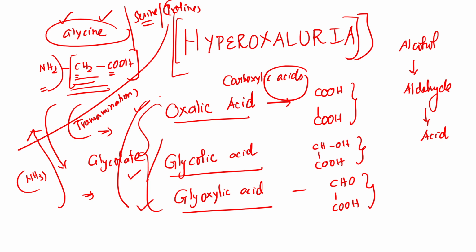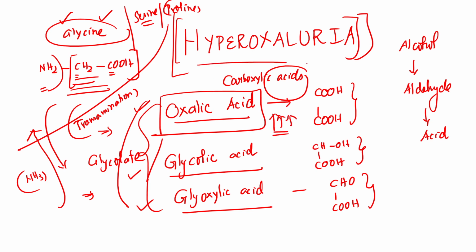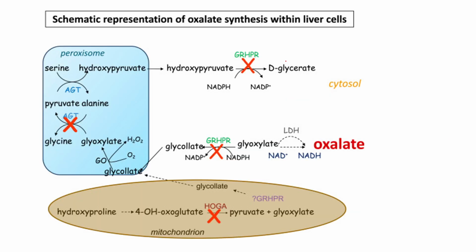Now, our goal, the hero of this whole chapter, is oxalic acid. We are looking at how oxalic acid concentration can increase in the blood because of some defects. Now, hyperoxaluria can be of three types. Type 1, 2, and 3.